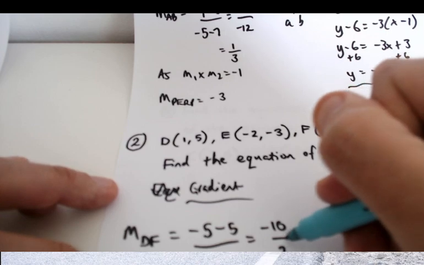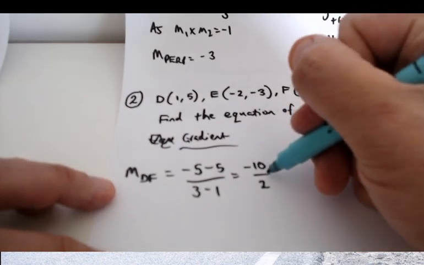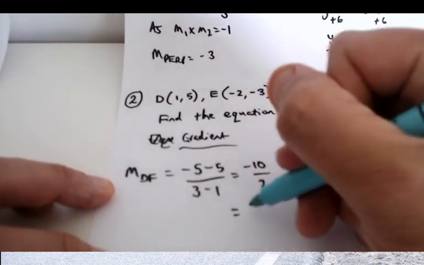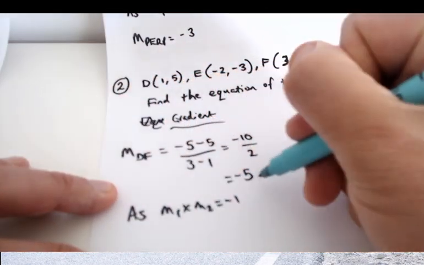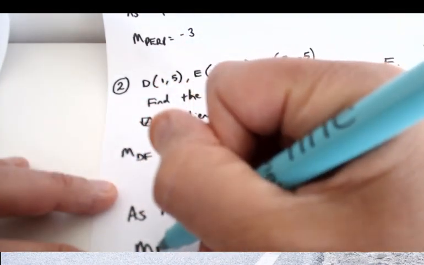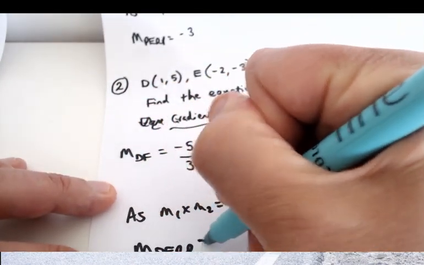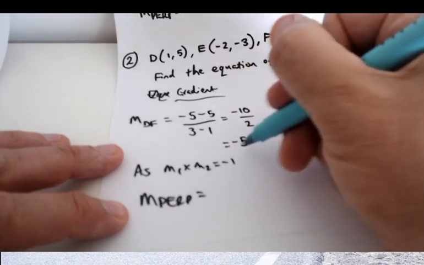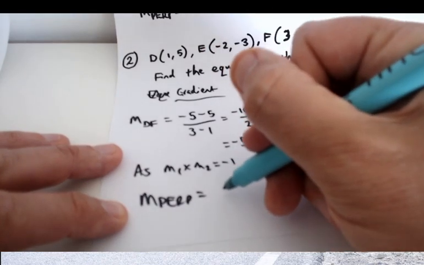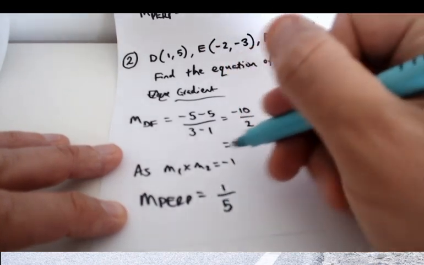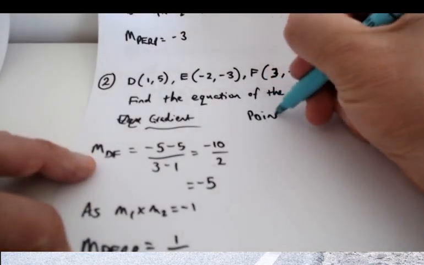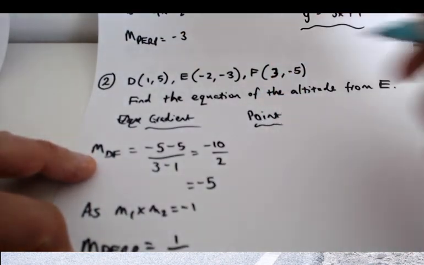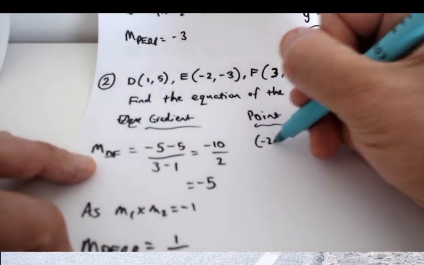Minus 10, remember this line also means divide. 10 divided by 2 will give me 5, but it's minus 5. I then want my perpendicular gradient, so write my statement, turn it upside down, change the symbol. Minus 5 over 1 would turn into 1 over 5, 1/5, negative, so this one's a positive. Point, it's the altitude from E, so I use point E, which is minus 2, minus 3.